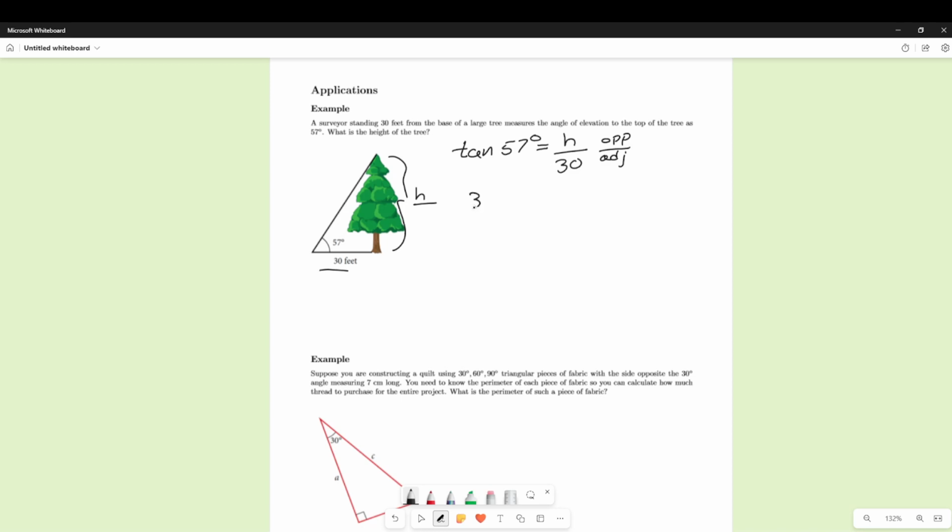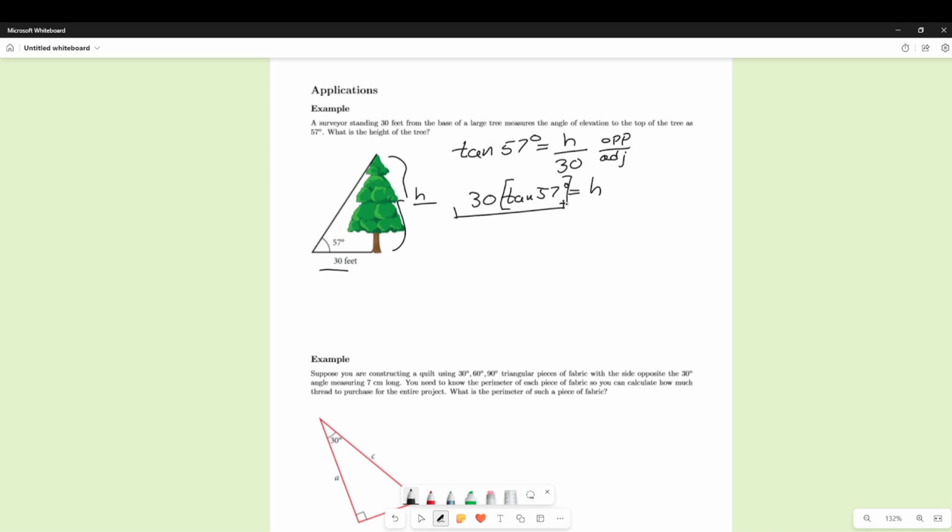Multiply both sides by 30. 30 times the tangent of 57 degrees equals h. And technically, that's a nice answer. Again, keep in mind what the tangent is supposed to be doing. Tangent is supposed to be giving us a ratio that fits this model.